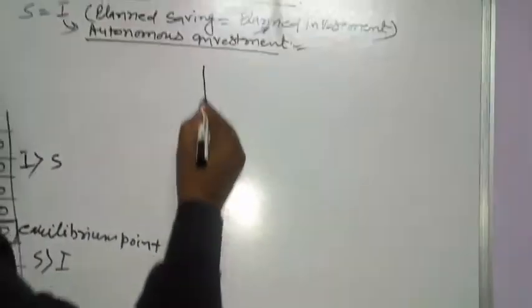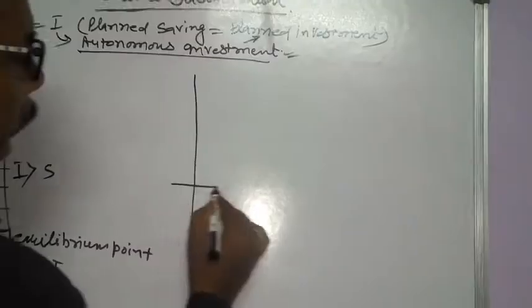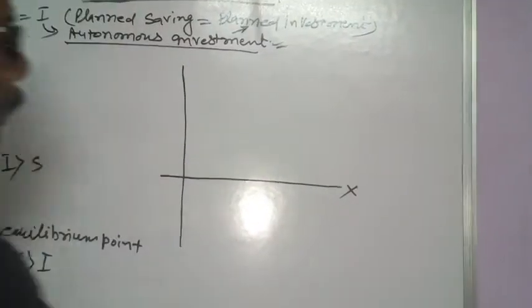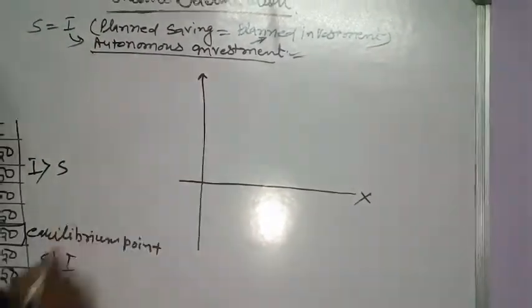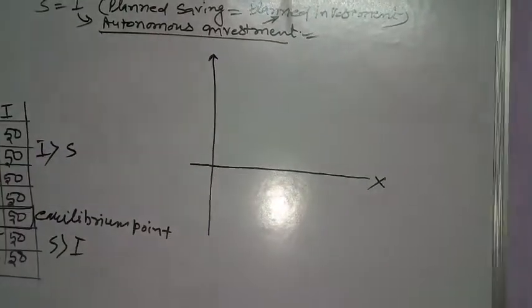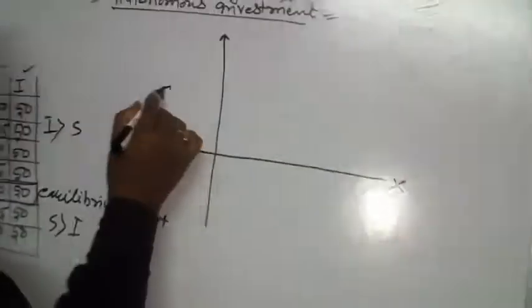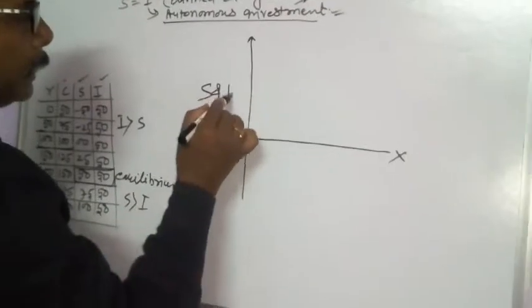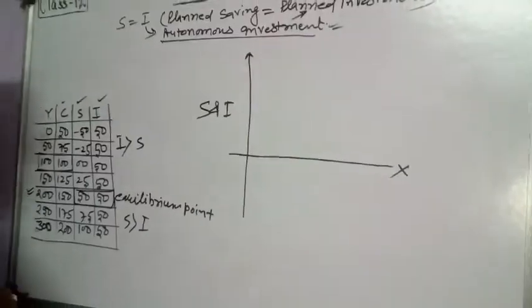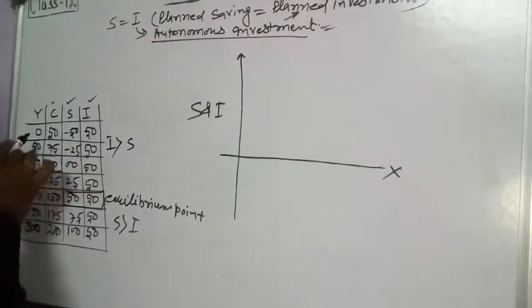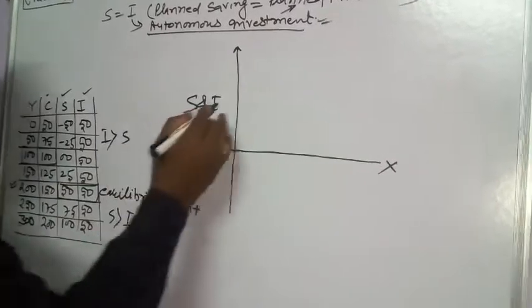So suppose this is the y-axis and this is our x-axis. Clear? On the y-axis I have taken saving and investment, so S and I are on the y-axis. When income is equal to 0, the investment is, suppose, 50.